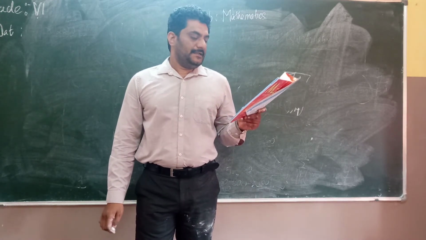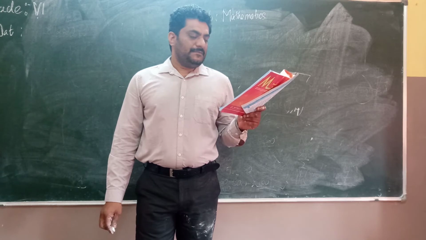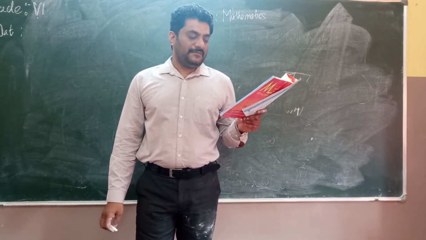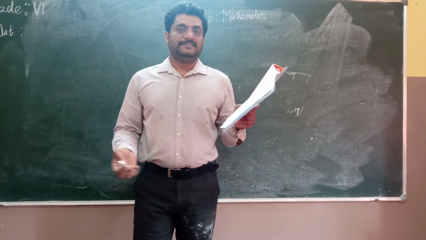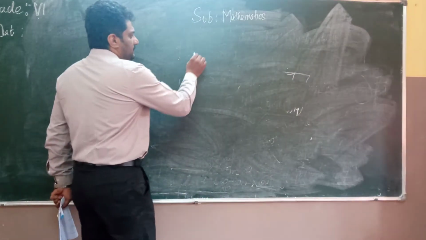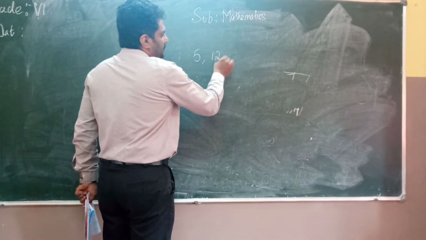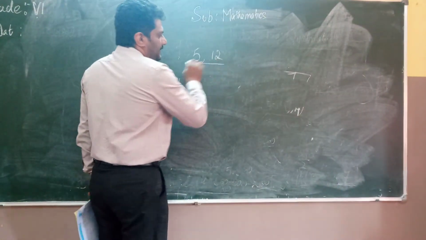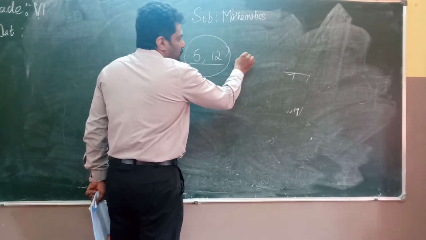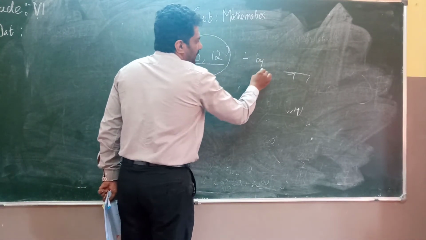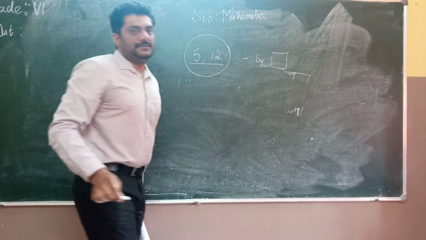Sixth question. A number is divisible by 5 and 12. By which other numbers will that number be divisible? The question is 5 and 12. Now what they are asking is, they want the numbers divisible by both of these.